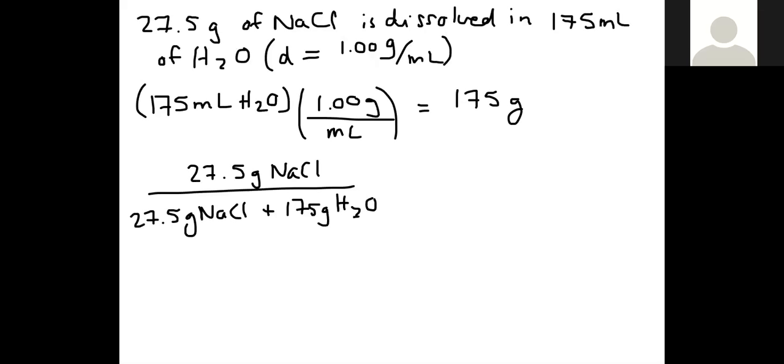The most common mistake that's done here is forgetting to put the NaCl on both the top and the bottom. So what a lot of people might do is put 27.5 grams of NaCl over 175 grams, but no, the bottom is the total mass of the solution, so you have to add them together.